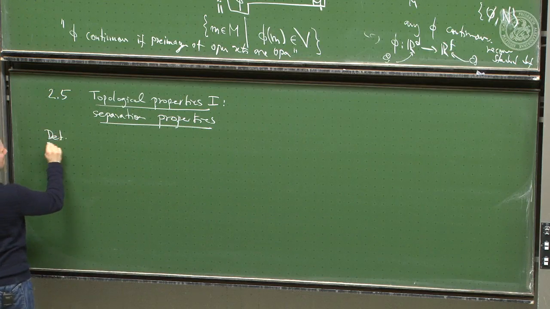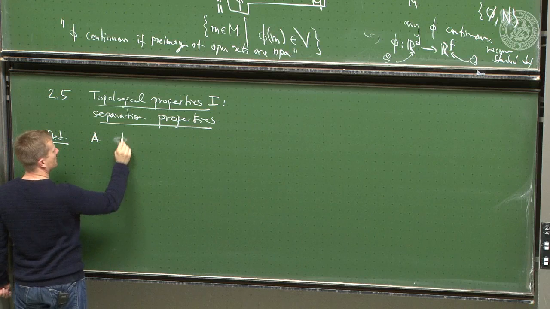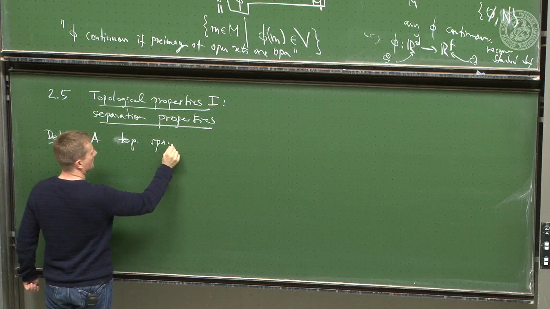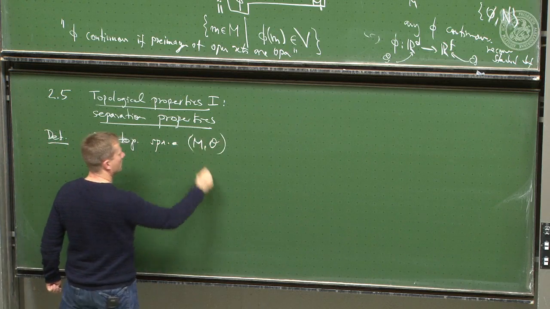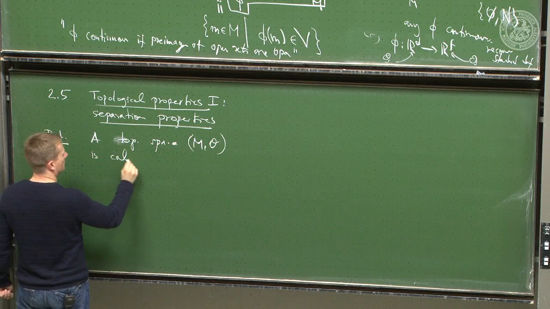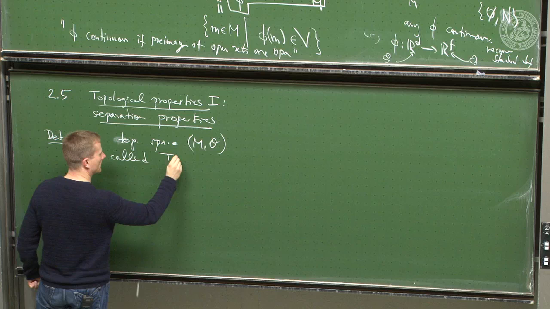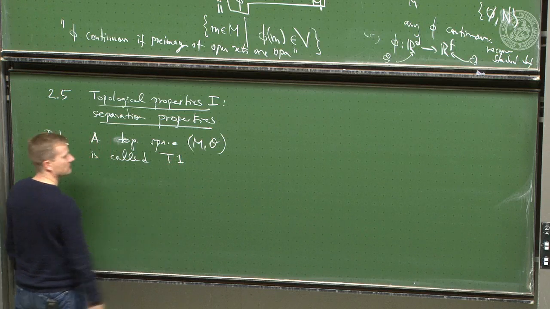Definition. A topological space M is called T1. That's the property.